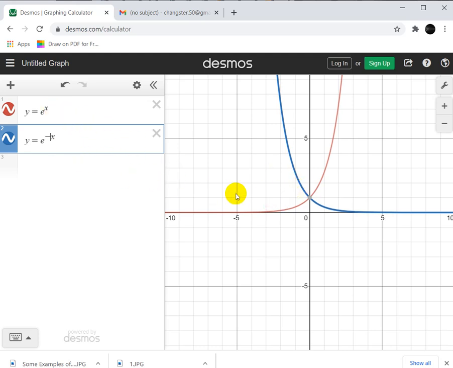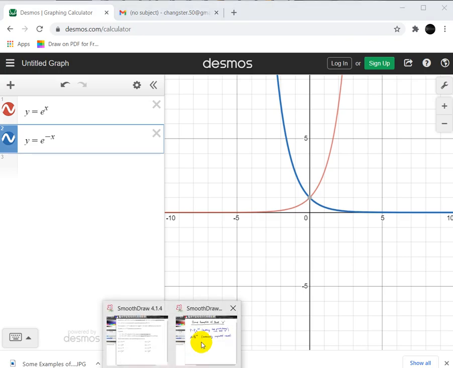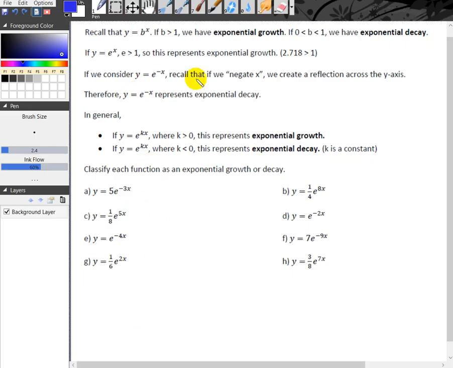As you can see here, by reflecting it across the y-axis, this ends up becoming exponential decay. So e raised to negative x is going to represent exponential decay.